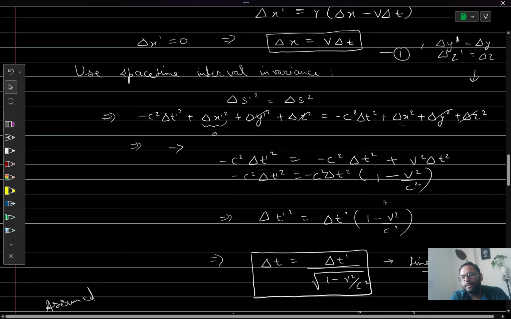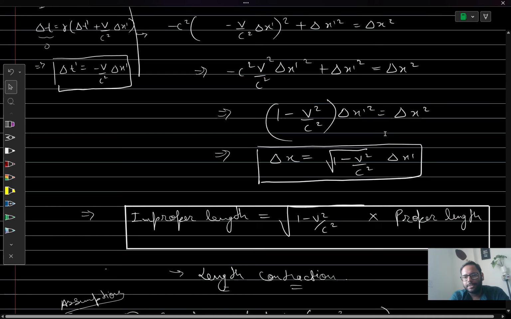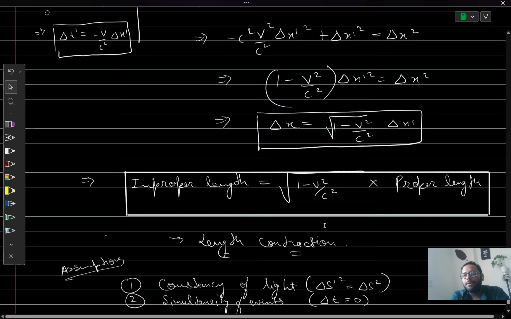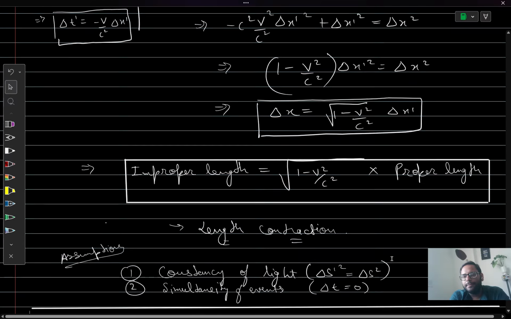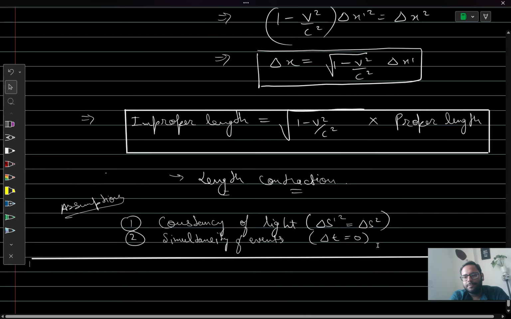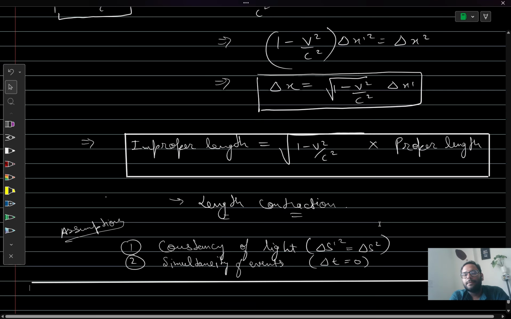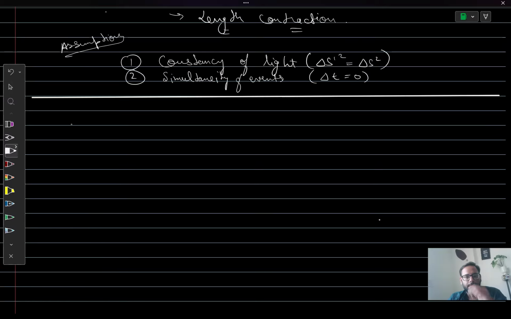In the moving frame the time actually runs slow as observed from the stationary frame, and the length of the rod gets contracted in the S prime frame when seen from the S frame, the stationary frame. So these are the weird concepts of special theory of relativity, and we can now quickly come to our space-time diagrams.